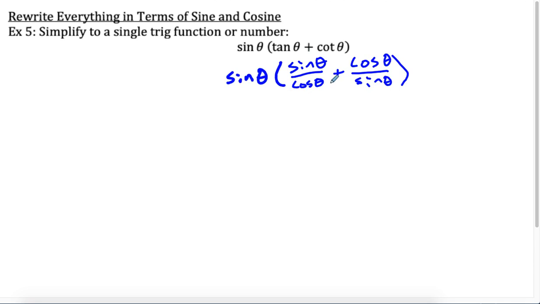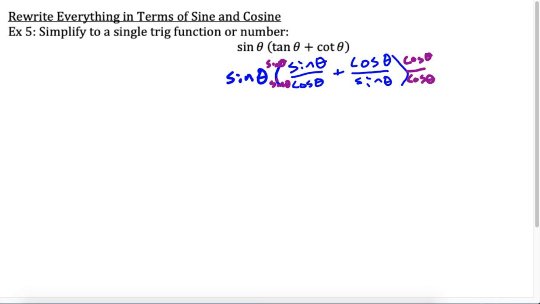So I'm going to need to multiply this fraction by sine over sine, and then I'll need to multiply this one by the other denominator, cosine over cosine.